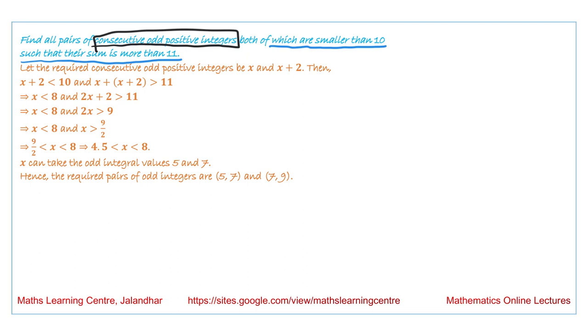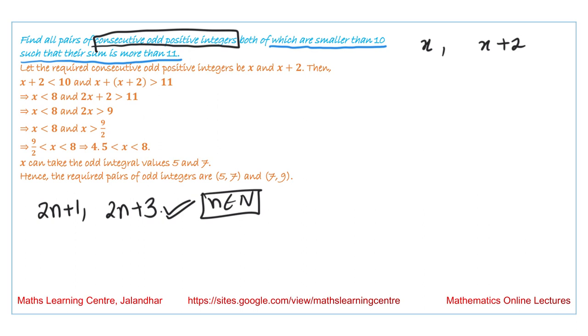Suppose one integer is x, and the second is x plus 2. If you don't want to write it in this form, you can write it in the form 2n plus 1 and 2n plus 3. This will make it more suitable, as for n belonging to the natural numbers, both these will be odd positive integers. So it is up to you how you want to solve these problems.